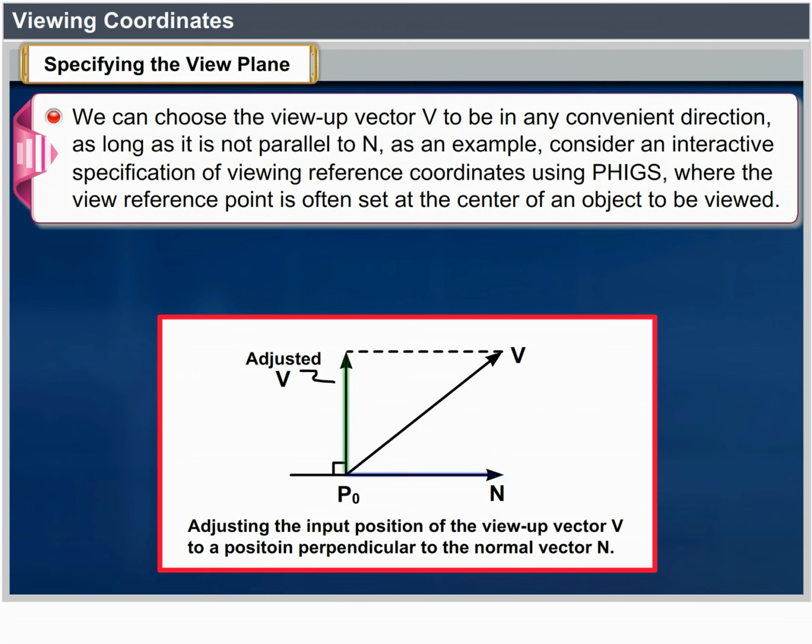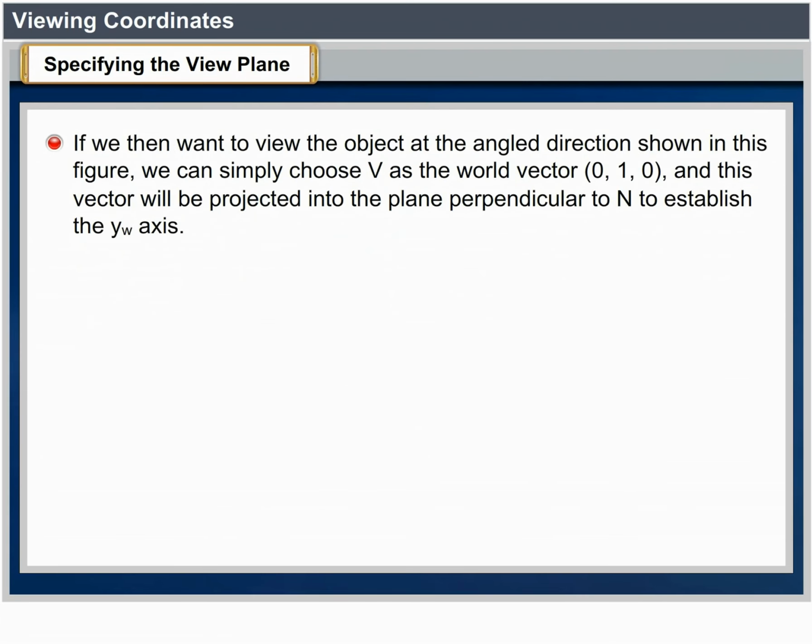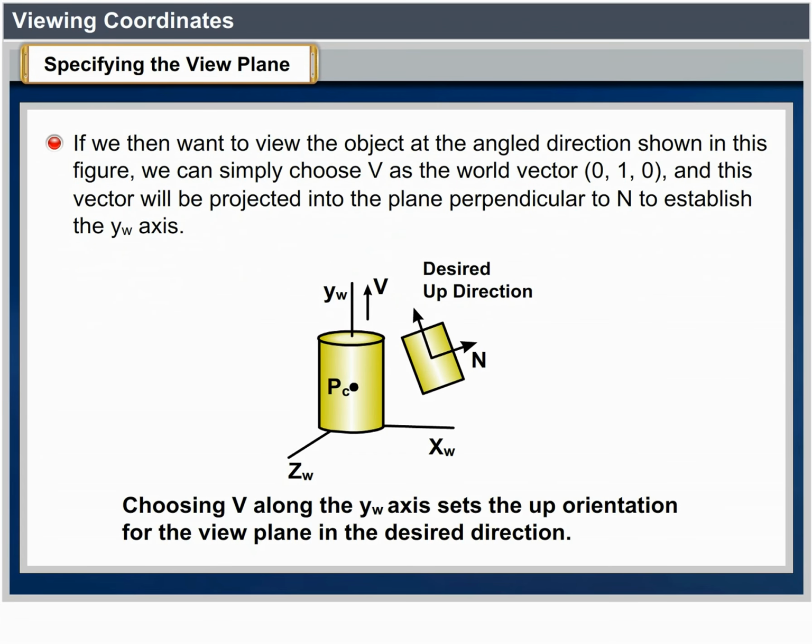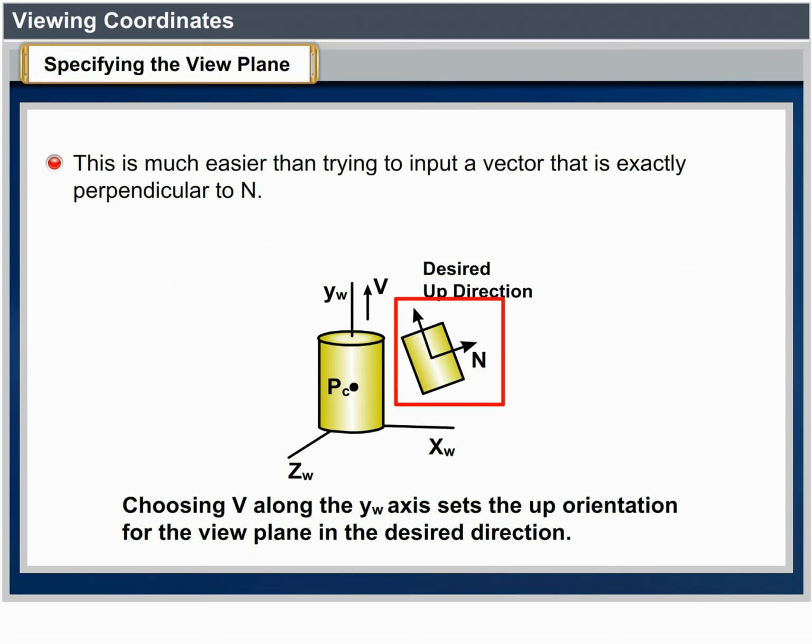If we then want to view the object at the angle direction shown in the figure, we can simply choose v as a world vector 0, 1, 0, and this vector will be projected into the plane perpendicular to n to establish the yv axis. The figure shows choosing v along the yw axis, setting up the orientation for the view plane in the desired direction. This is much easier than trying to input a vector that is exactly perpendicular to n.